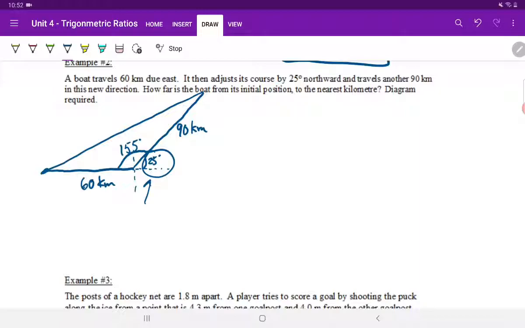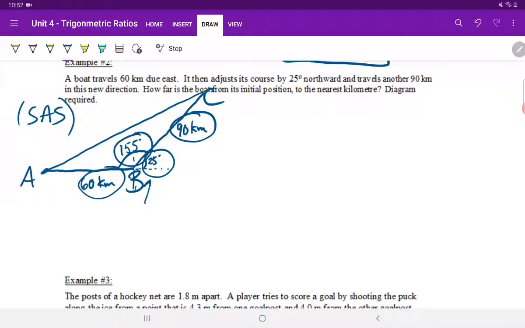So we actually know that angle. And now what do we have, right? We've got a contained angle, side situation. Let's label our triangle. I'll call this A, B, and C, which makes lowercase a right there, lowercase c right here, and lowercase b right here.